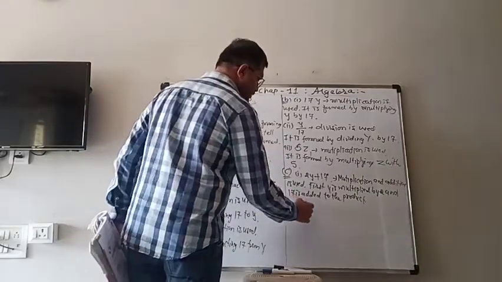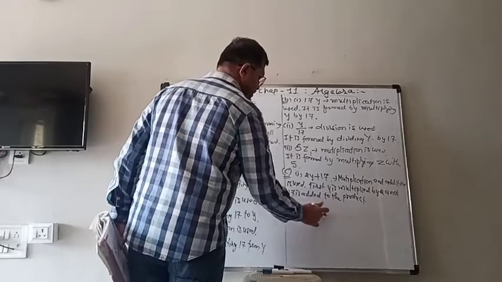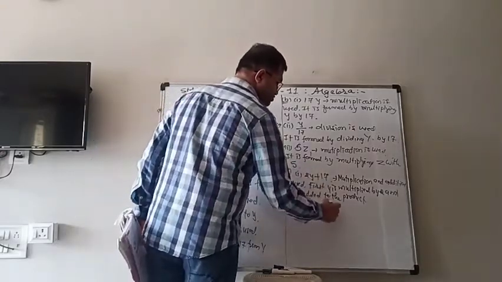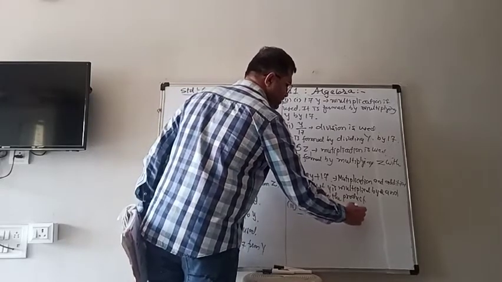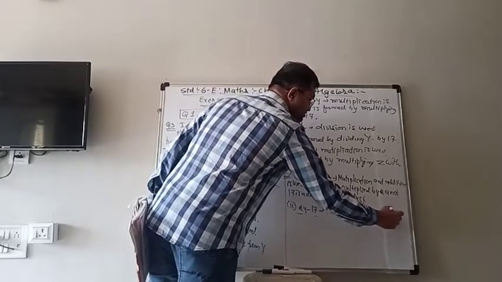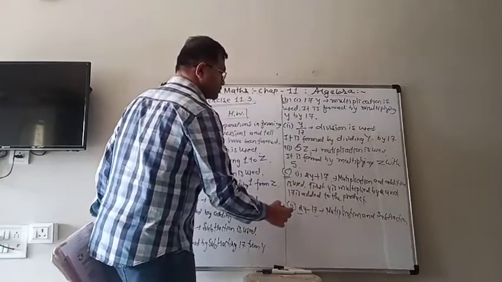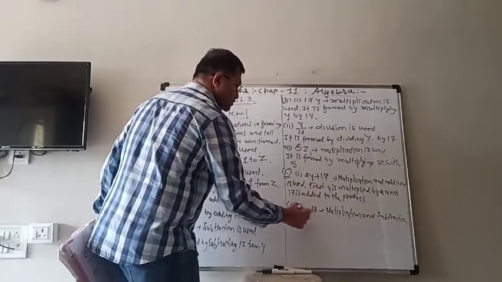Similarly, here it is 2y minus 17. So here multiplication and subtraction are used.